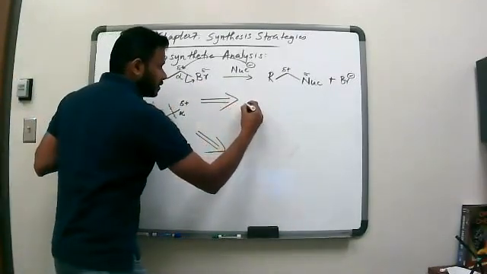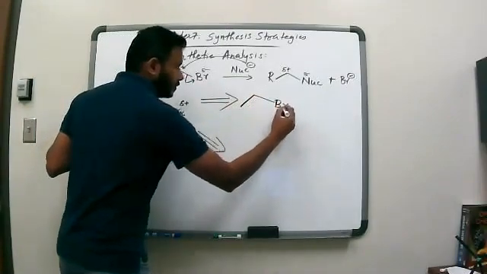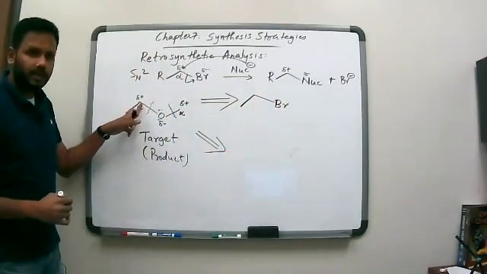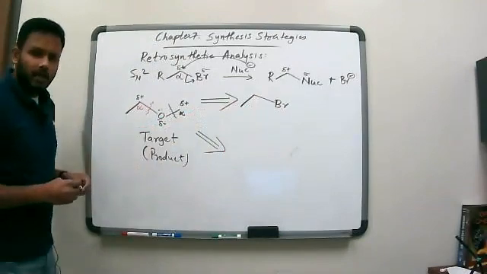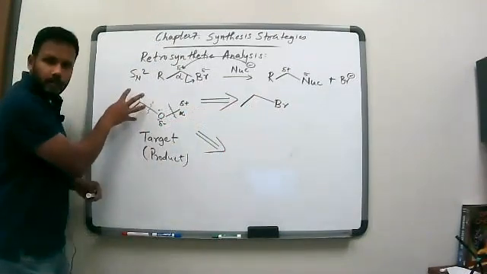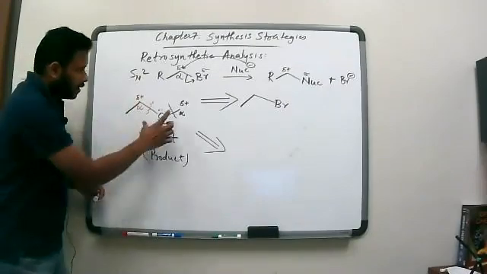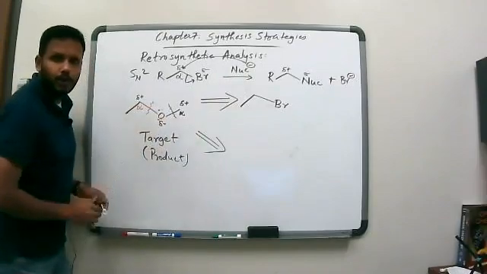So our starting material could be that alkyl bromide. You basically connect a halogen, that bromide, to that alpha carbon. And if this portion is what's coming from the alkyl halide, then all of this must be coming from our nucleophile.